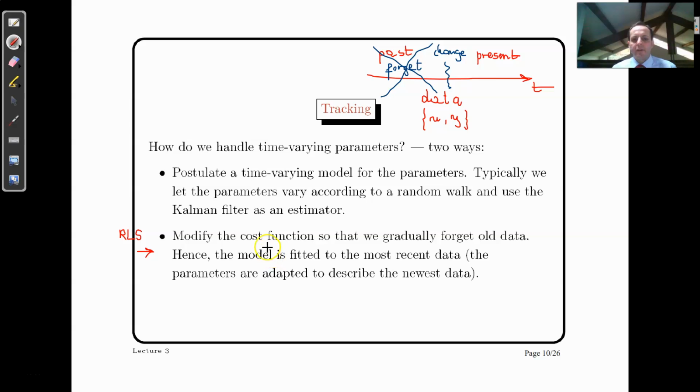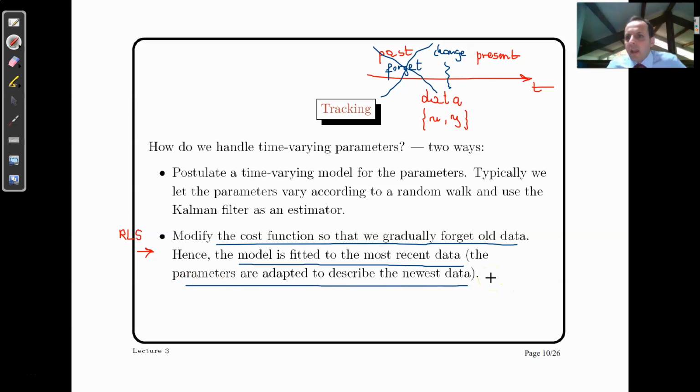It's written here. So you need to modify the cost function so you can gradually forget the old data, and the model needs to fit the most recent data. In this way, the parameters are adapted to describe the newest data.